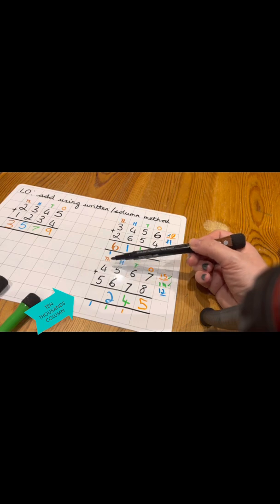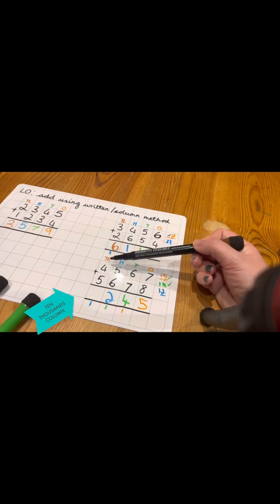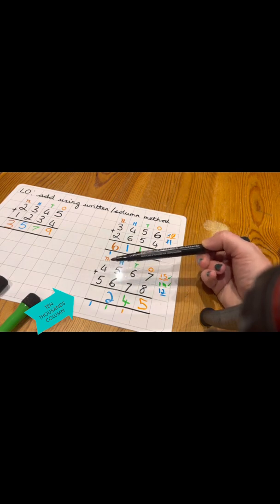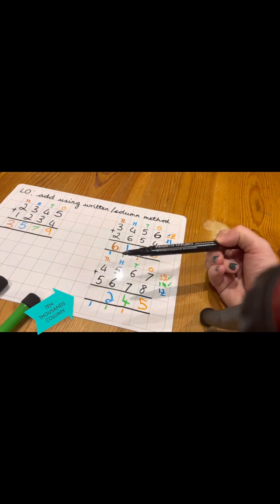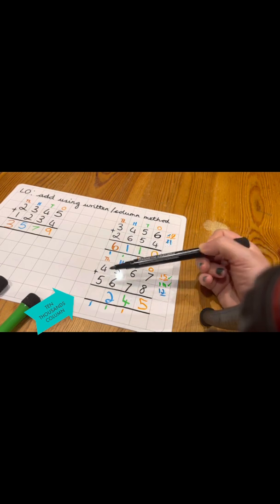So we have the final stage in the question. In our thousands column, we have 4 and 5 here, which means we're looking at 4,000 and 5,000. This is where it actually sounds like a massive number, but they're not so difficult to work with once you understand the place value.